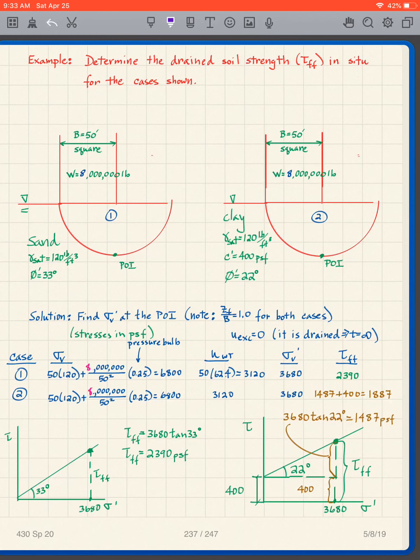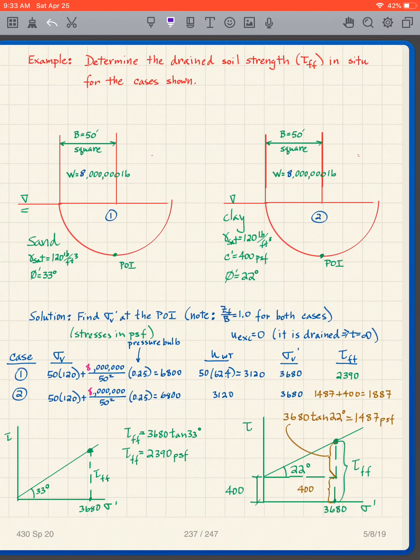For the clay, I have to use both the C prime, which is the intercept, and the phi prime, which is the angle. The geometry is just slightly more complicated, but I also have my sigma prime of 3680. I break it into two parts.